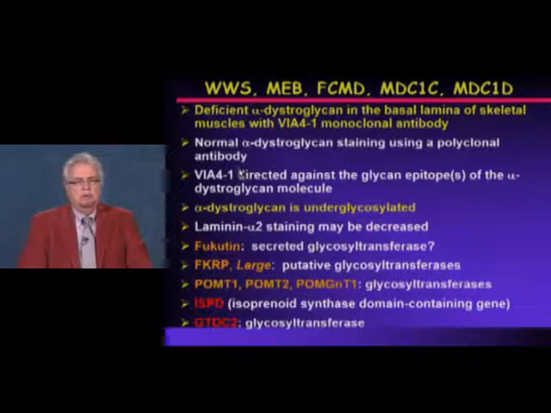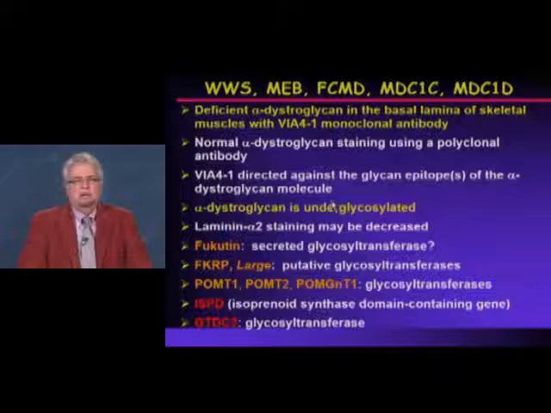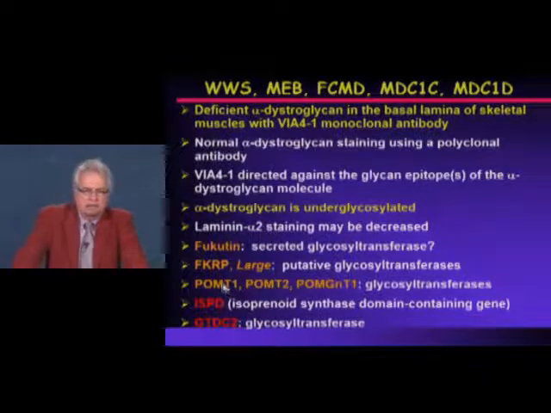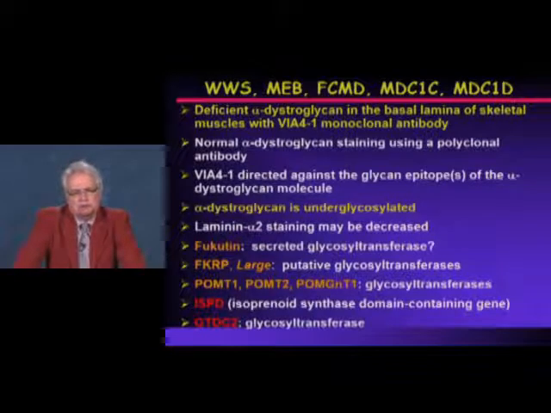Now, if you stain with a polyclonal antibody, you do see normal staining. This is the name of the antibody, which is monoclonal, specific against, it is specifically designed to bind to glycan epitopes on the alpha-dystroglycan molecule. So in all these conditions, as I said, the alpha-dystroglycan is underglycosylated, and all these proteins are basically putative or proven glycosyltransferases.